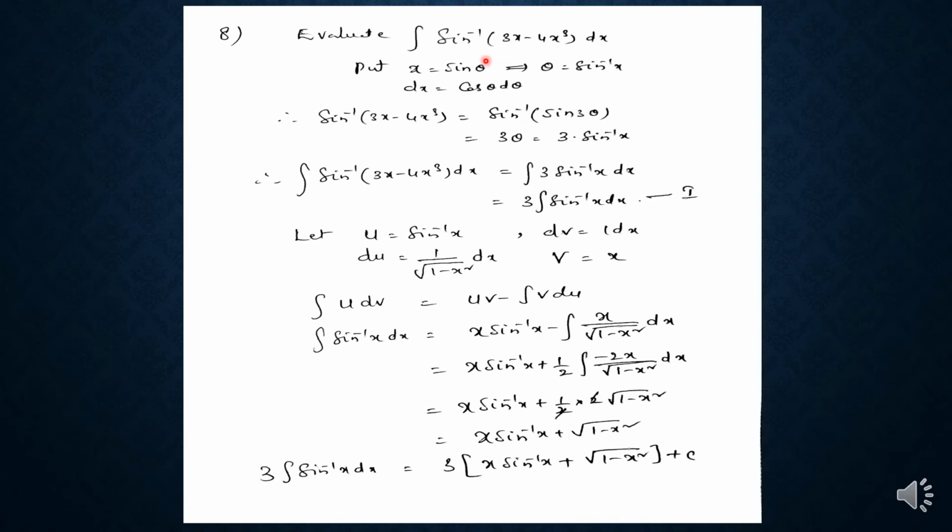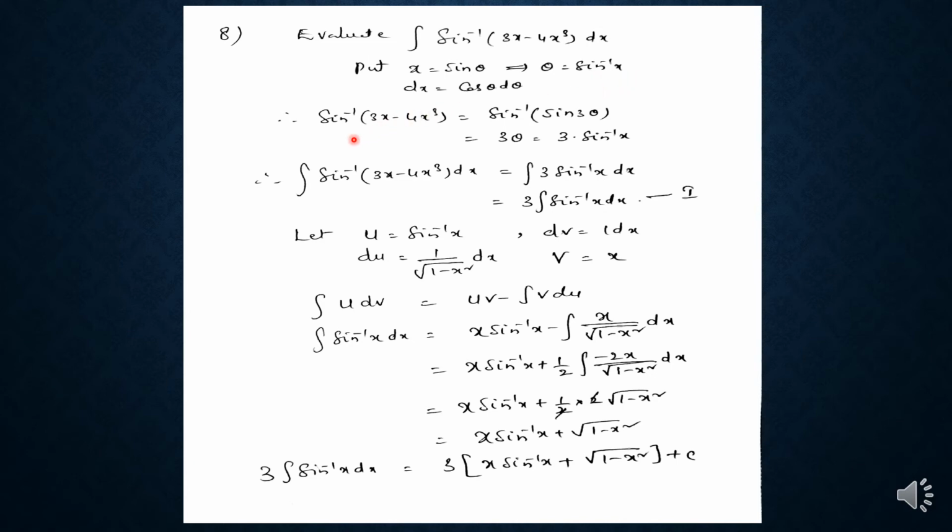By recollecting this formula and substituting x equal to sine theta, dx is equal to the derivative of x, which is cos theta d theta. Here, if x is equal to sine theta, we should write theta in terms of sine inverse x.